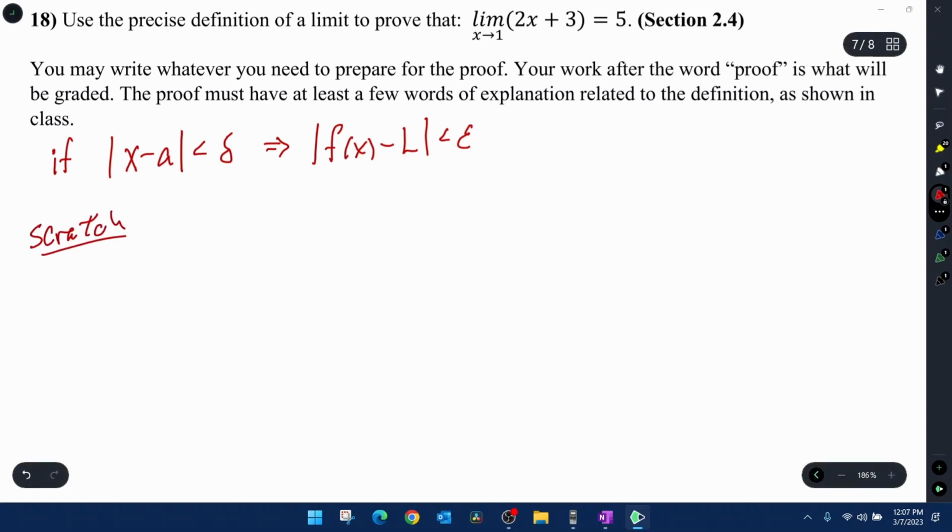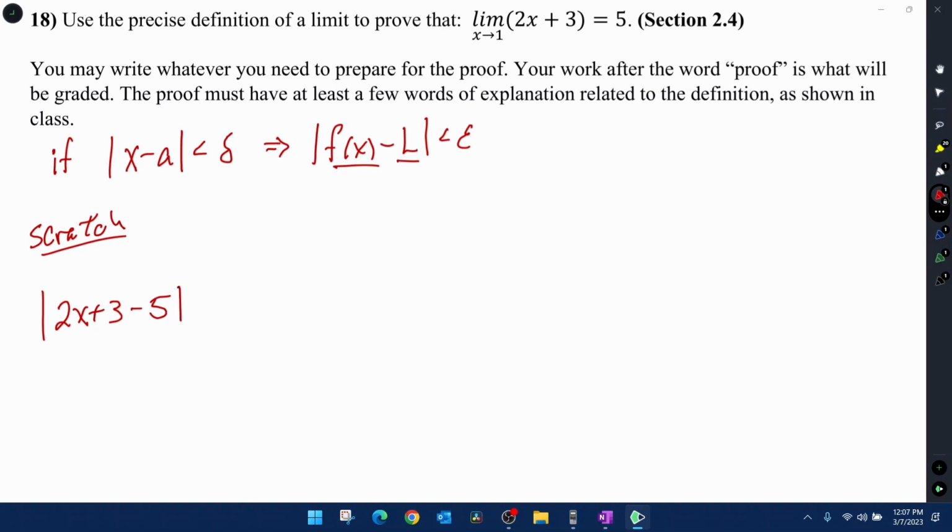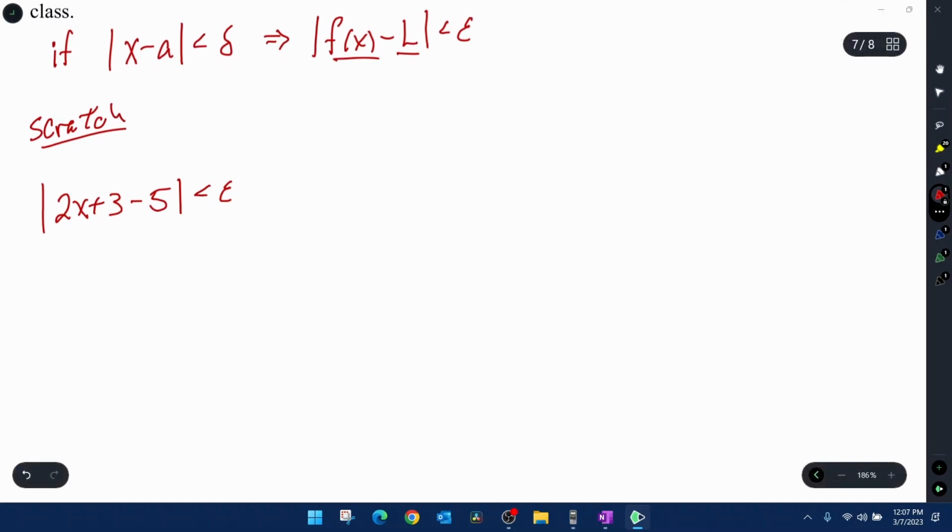We need for the function, by the way, what is the f of x in this case? It is 2x plus 3 minus, what is the limit? Minus 5. We need that to be less than epsilon. We really need that to be less than epsilon, okay? And then we're going to simplify that.